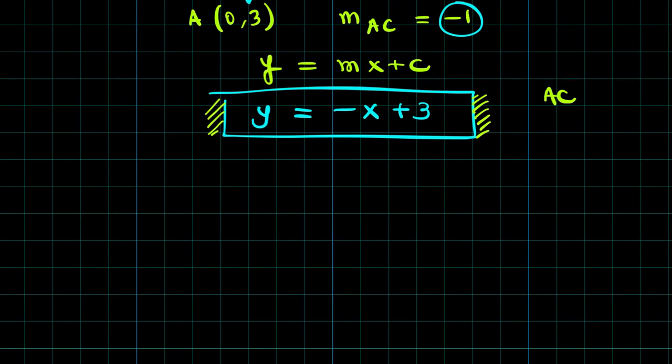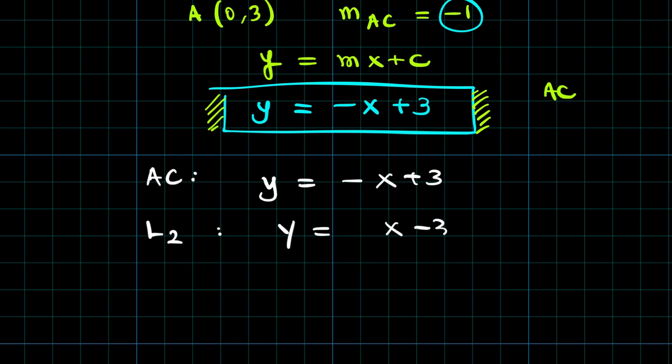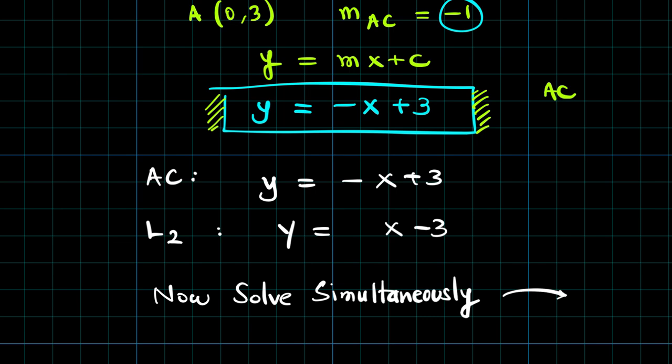So we have the green line AC, which is y equals minus x plus 3, and the line L2, which is y equals x minus 3. Now solve simultaneously two linear equations in two unknowns, and we will find the coordinates of C.